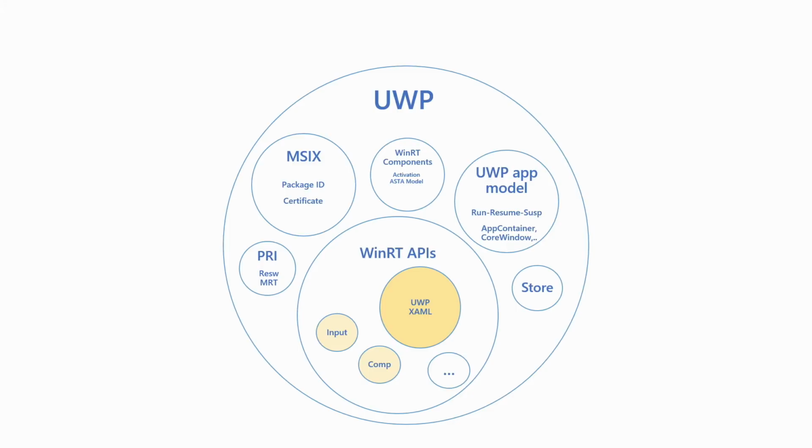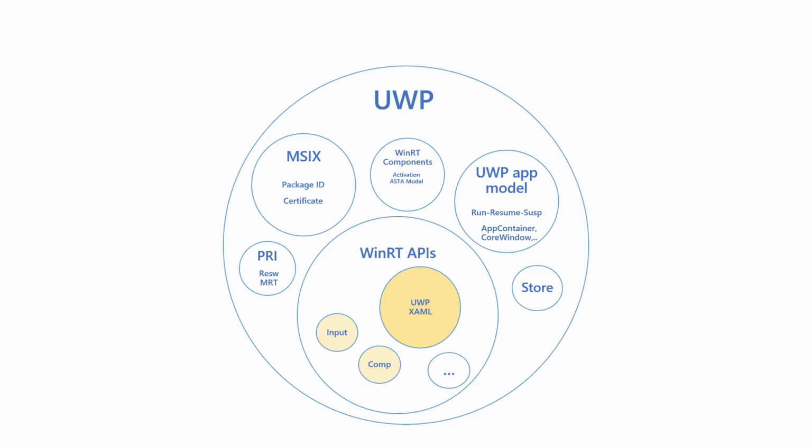It's about the application model. It's about supporting things like resume and suspend. It's about having something like 6,000 libraries for WinRT. I don't know, it's a bunch of WinRT libraries and APIs. That means that not all the Windows 10 UWP APIs are going to work down level. What we are telling people is that WinUI 3 is about making this subset of APIs work. Yeah, it's the UI platform.